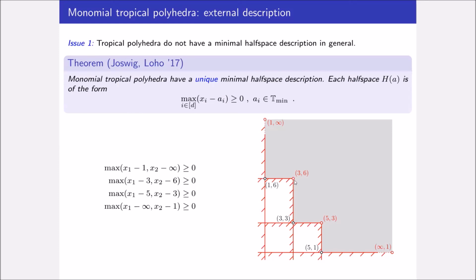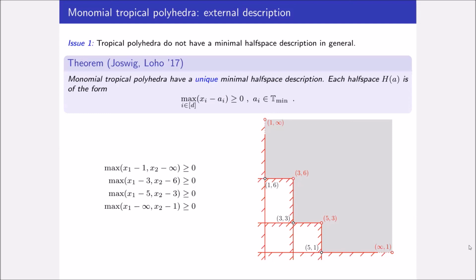And the way you formulate them is you look at the corners of this staircase, you place an apex there, and you take the complement of the negative orthant. To do this, you need to take some of the apices to infinity, but that's not a problem because these are max tropical inequalities, so minus infinity is absolutely fine.